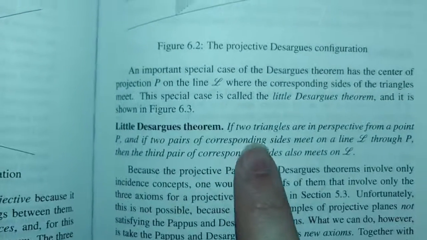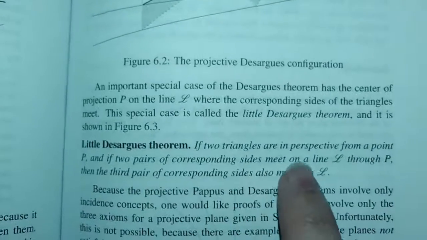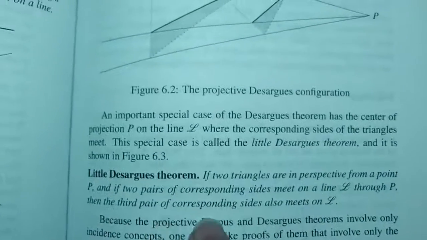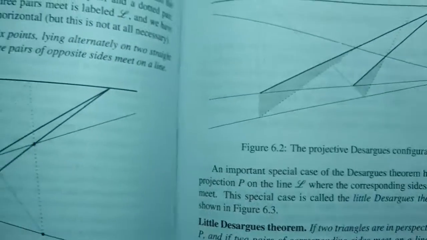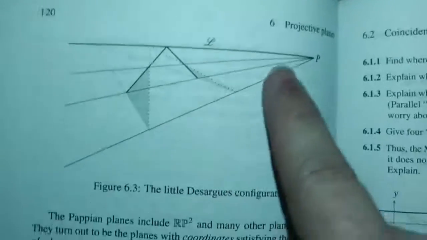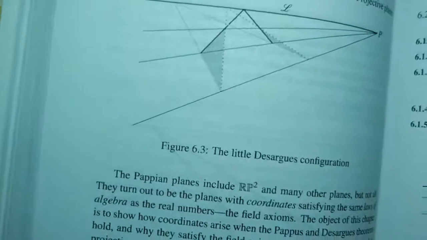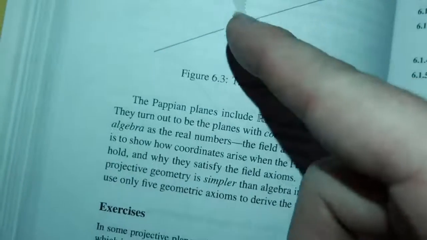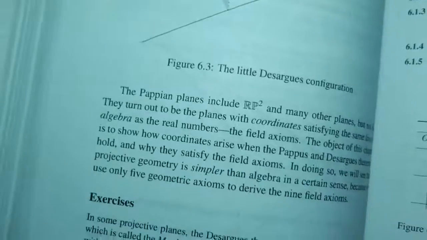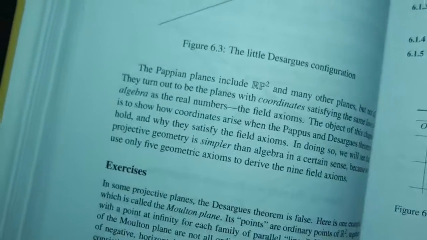It says, if two triangles are in perspective from a point P, and if two pairs of corresponding sides meet on a line L through P, then the third pair of corresponding sides also meets on L. Here's my point P. Two of them meet on points on L. The other pair also meets on L. And of course, it didn't really matter which two pairs I took. The point is that it's the last pair out that's determined. That's what the theorem is saying.